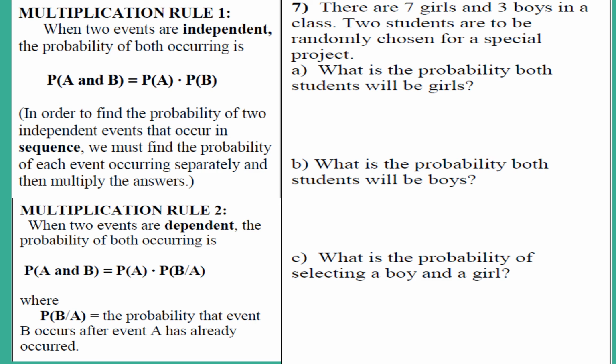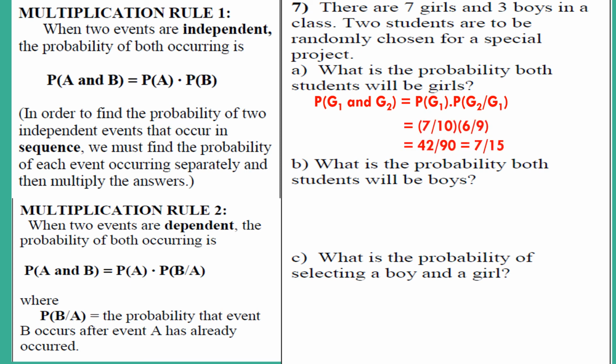So using multiplication rule number 2, we have the probability that the first is a girl and the second is a girl equals the probability that the first is a girl times the probability that the second is a girl given that the first is a girl equals 7 over 10 times 6 over 9 equals 7 over 15.